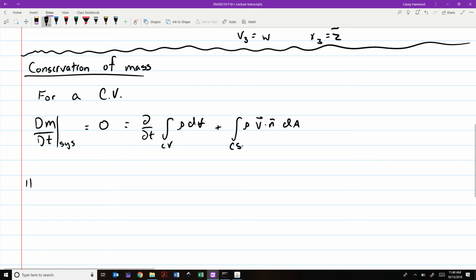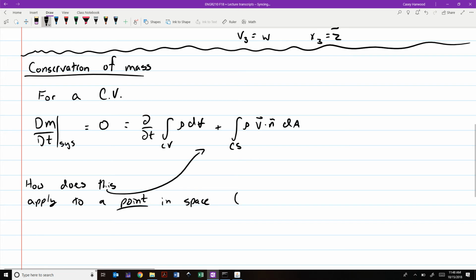So the question is, how does this apply to a point in space, as the volume of our control volume approaches 0?